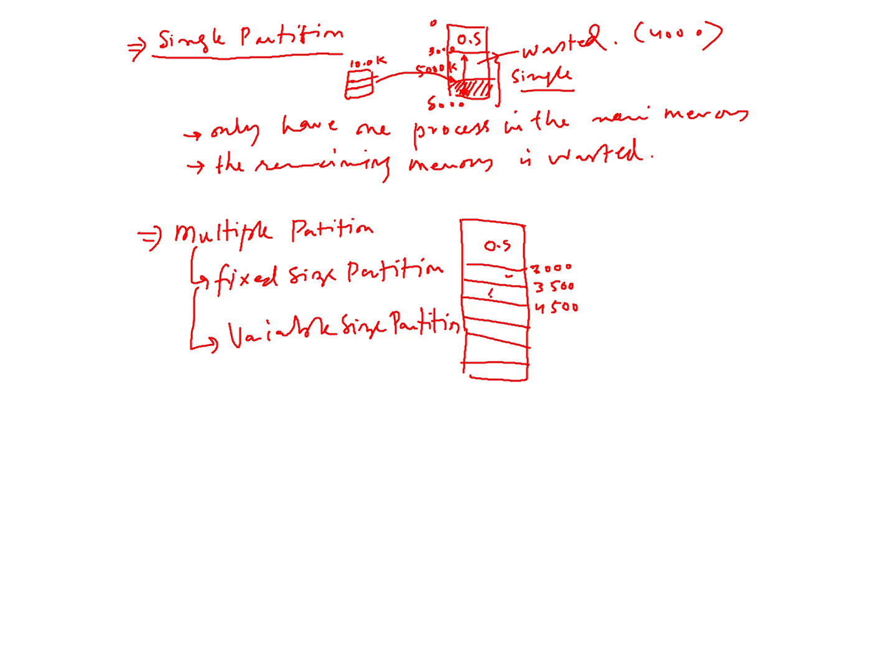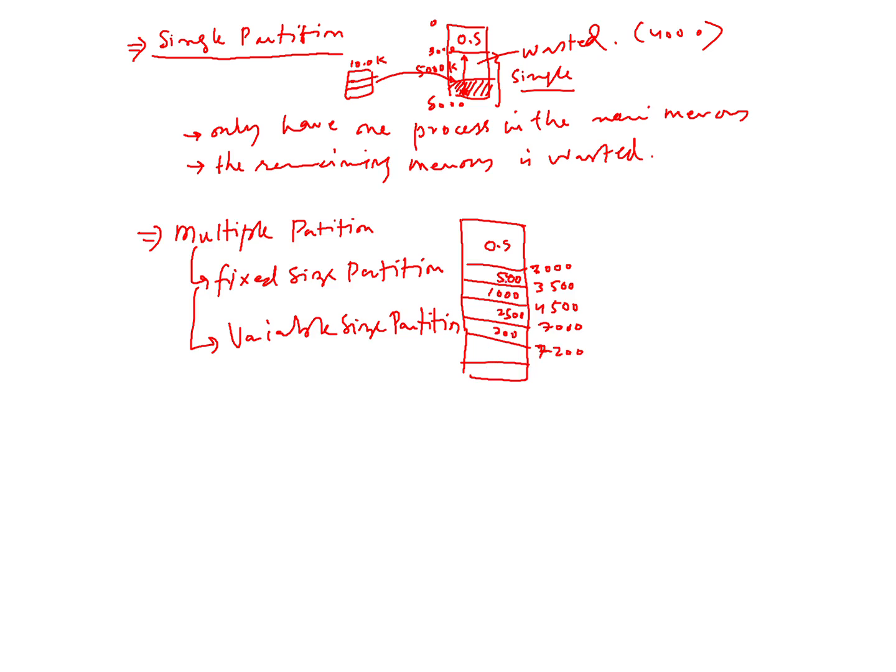Maybe this is for 1000K, this is 5000K, 500K, and then we have maybe 700K, 7000, then this might be 2500, and then 200 more, 7200, so this is only 200K.